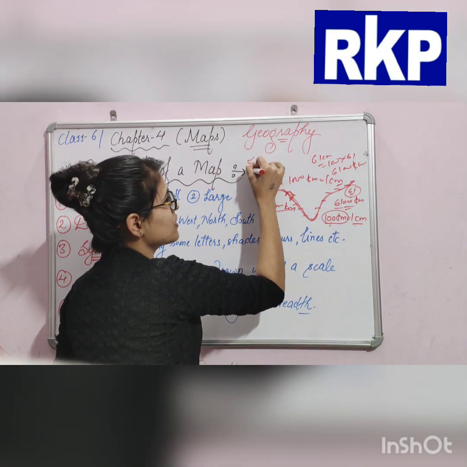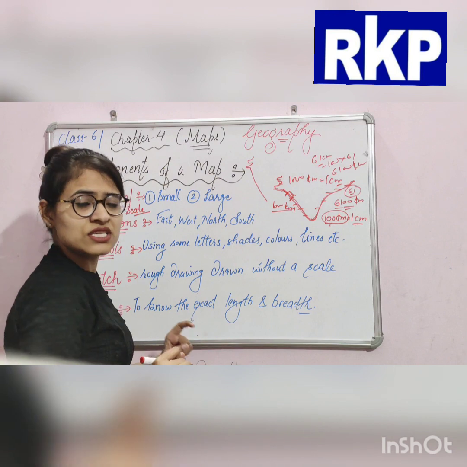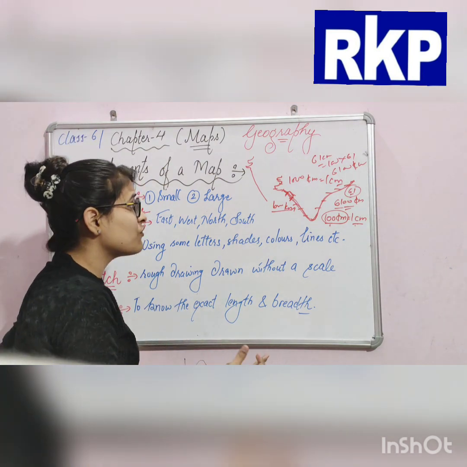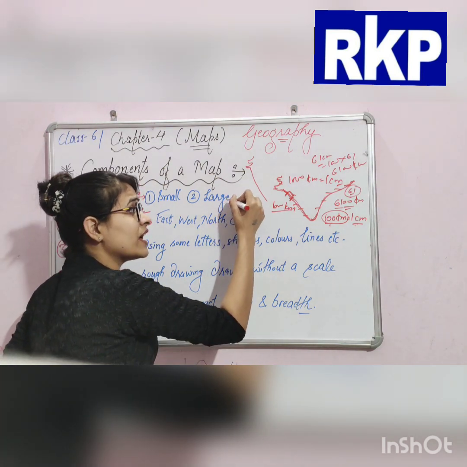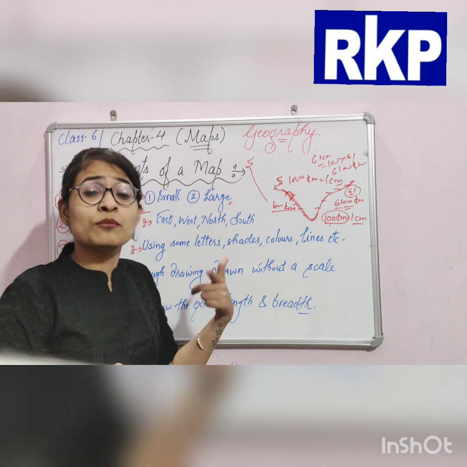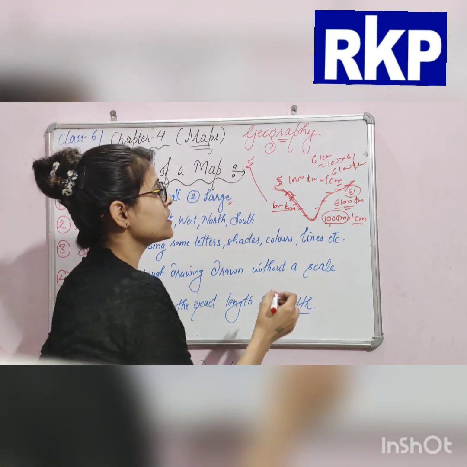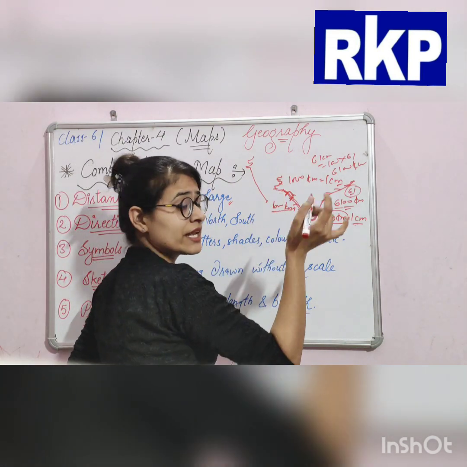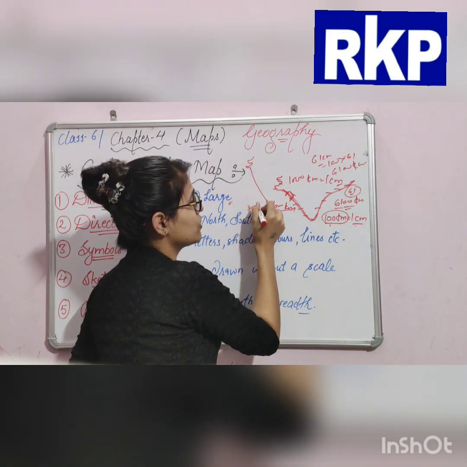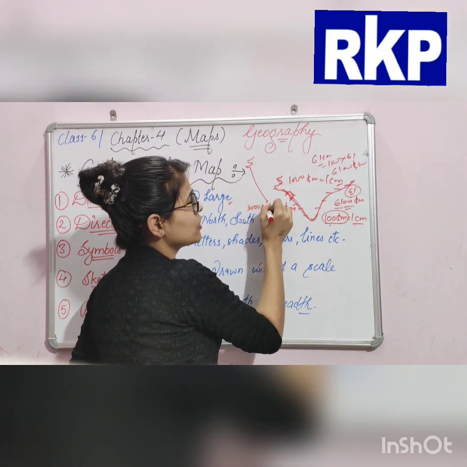Now we are discussing this western part. Now we will say that this is a large scale map. How? Because its length, suppose its length is around 3000 kilometers.